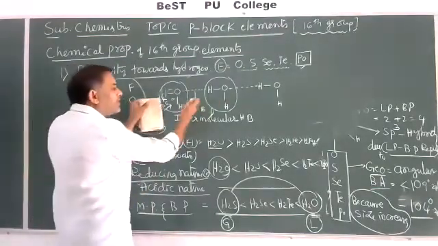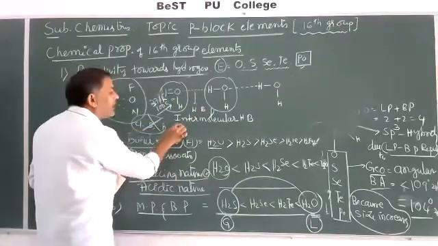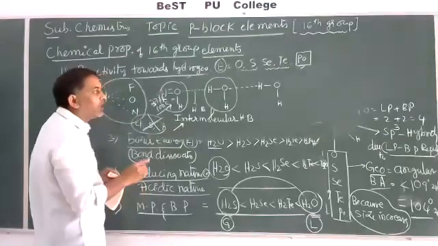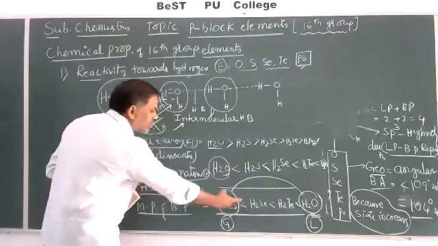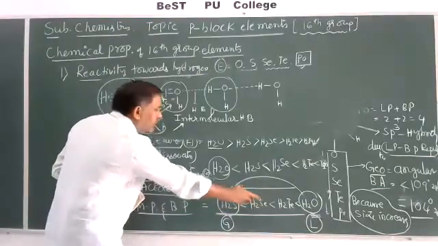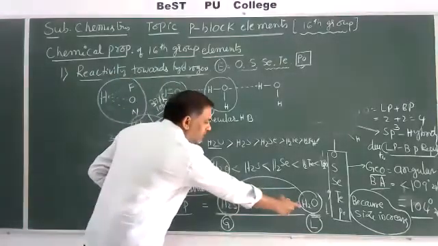Due to this intermolecular hydrogen bond, they are not easily vaporized. The volatile nature is less compared to H2S, H2Se, H2Te. So boiling and melting points are higher for water than for the others.